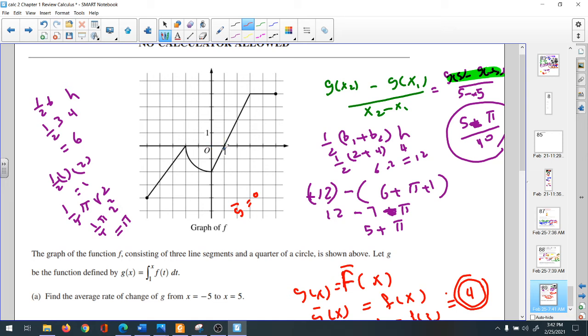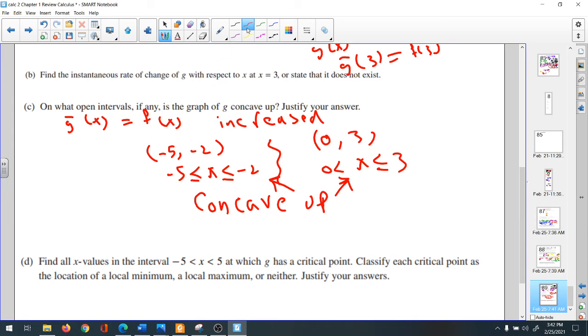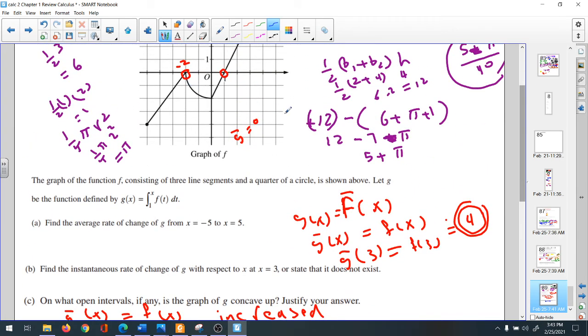You see it here, at 1, and also at negative 2: critical points. So you're going to say g dash of x equals 0 at x equals the following from the graph: 1 and negative 2.